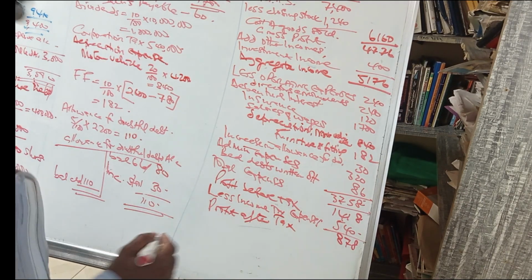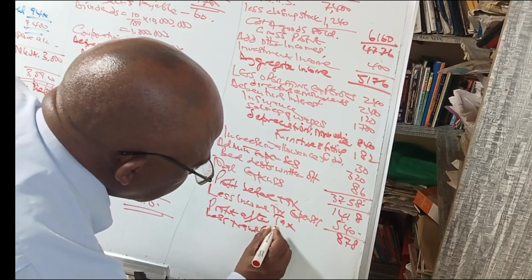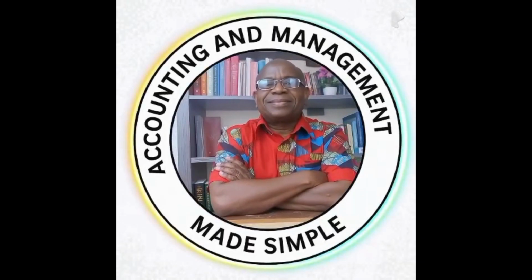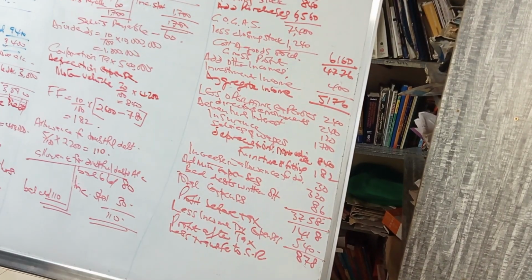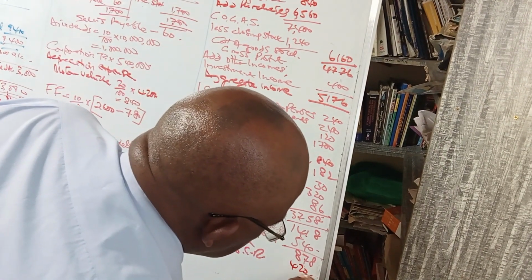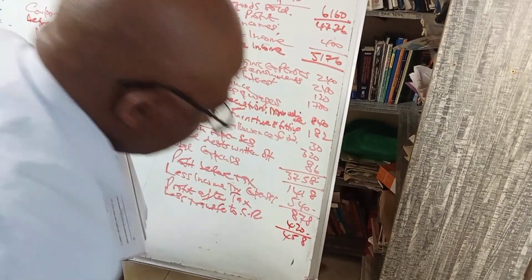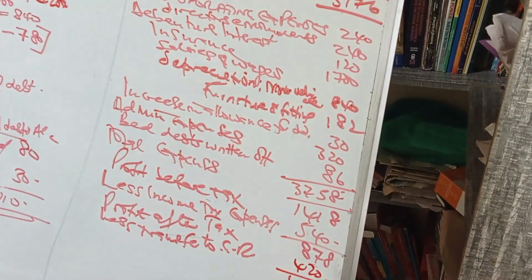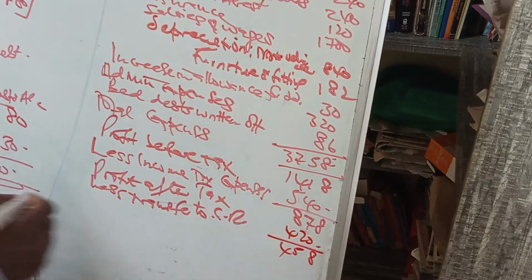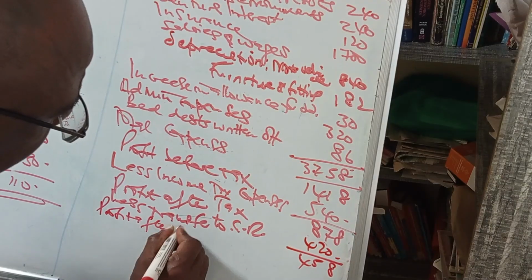After the transfer, the profit for the year becomes 458. Profit after transfer.